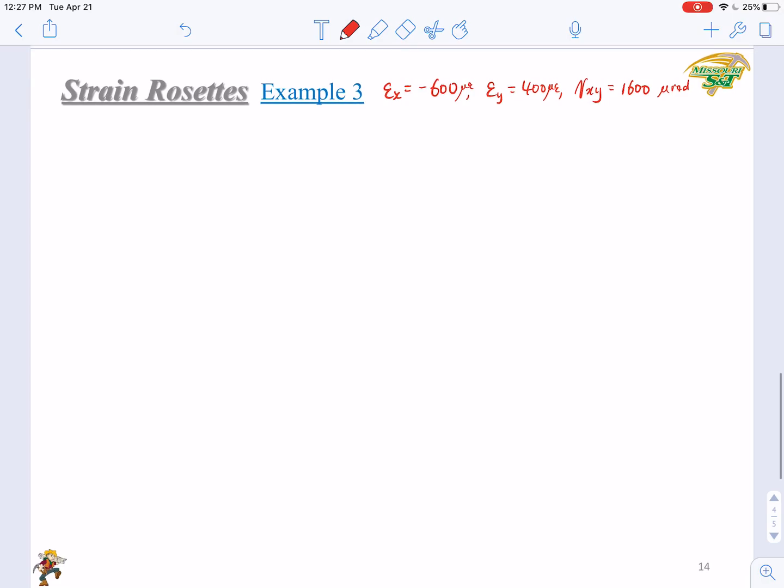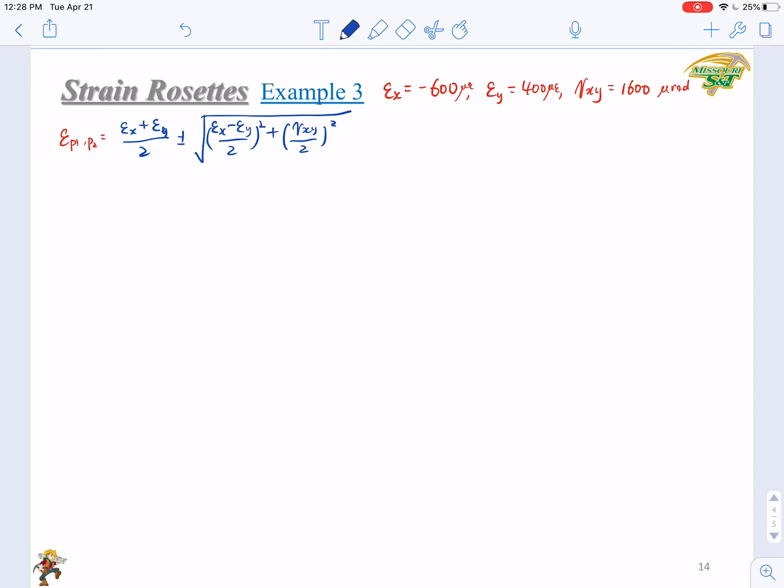From these three components, we can calculate the principal strains. We use the equations, epsilon x plus epsilon y over 2, plus or minus the R value. The R value here is the square root of epsilon x minus epsilon y over 2 squared plus gamma xy over 2 squared.